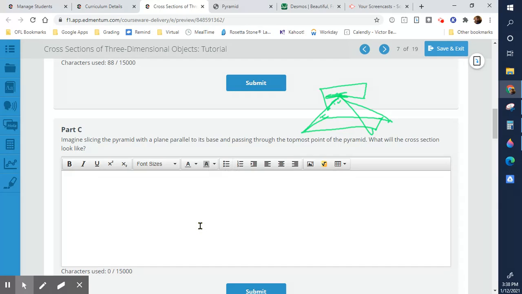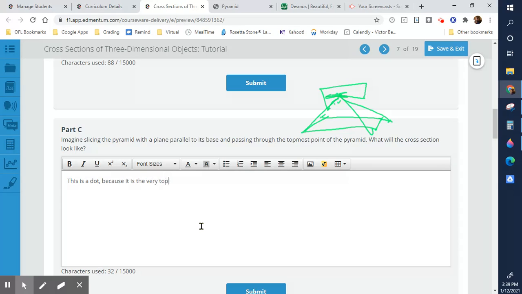This is a dot, because it is the very top.